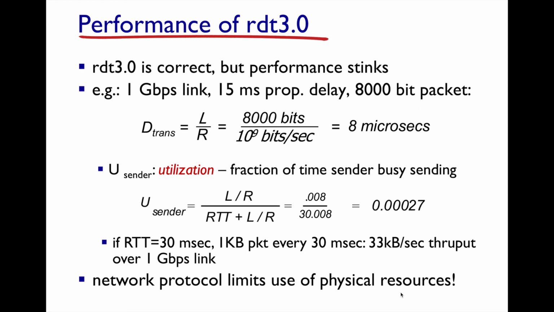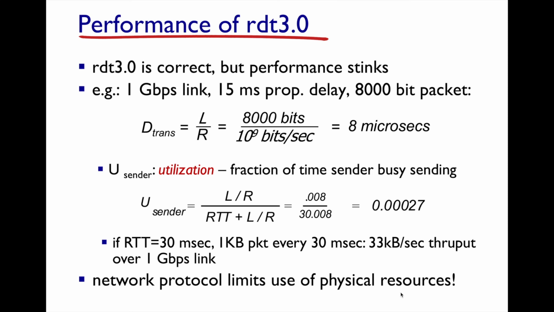You have 15 plus 15, that's 30 milliseconds, your round trip for the message to go to the receiver and the ACK to come back in the reverse path. And then you have L over R, the amount of time you spend transmitting these 8,000 bits. That's the total time it takes for this message to be considered successfully sent, because you include the cost time-wise of the acknowledgement in addition to the propagation.